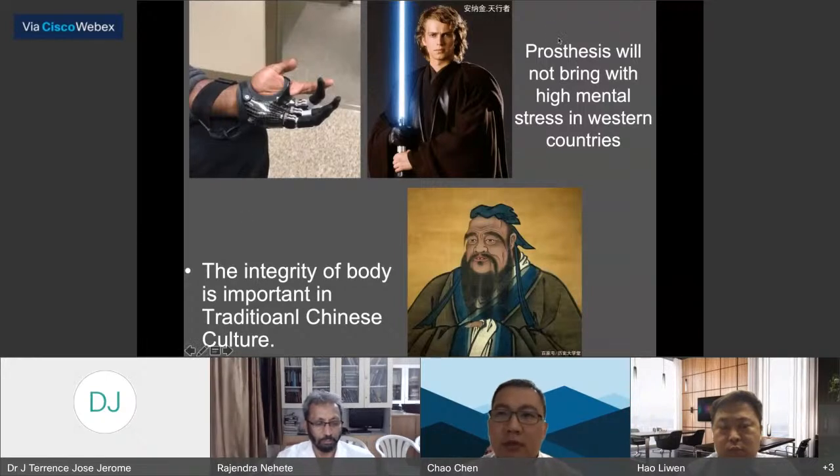In Western countries, the prosthesis will not bring high mental stress, and now in the US, the most advanced myoelectric prosthesis has very fine function, but in China, the integrity of the body is considered very important. So the patient will have very high mental stress in China if he or she lost a finger.